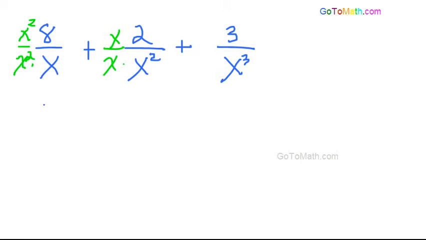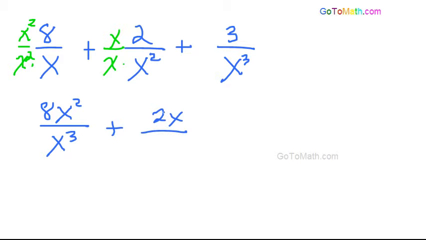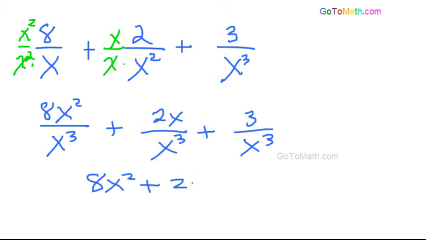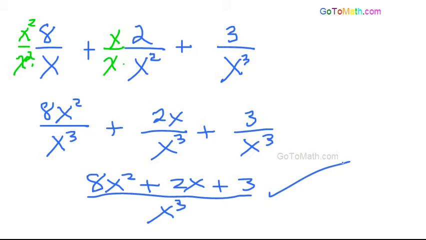When we join those together, I'm going to reorder the top: 8x squared over x cubed plus 2x over x cubed, plus 3 over x cubed. Now we have a common denominator, and we just add the numerators. So 8x squared plus 2x plus 3, all over x cubed.